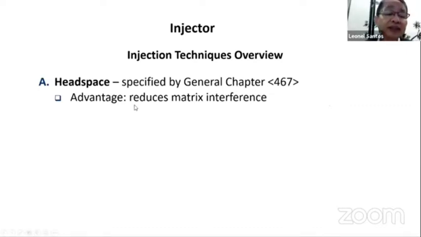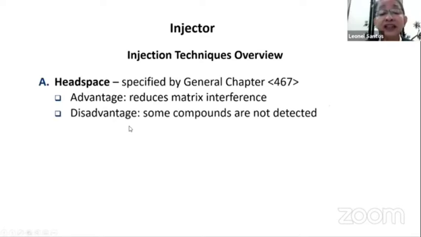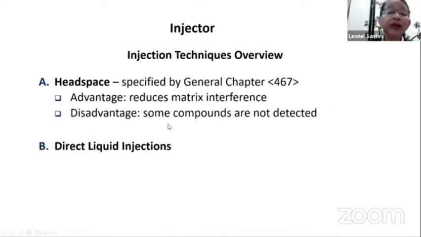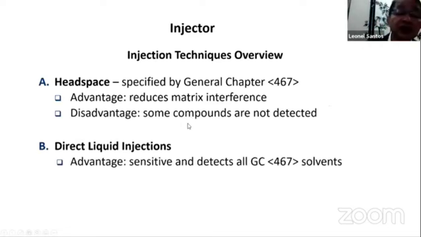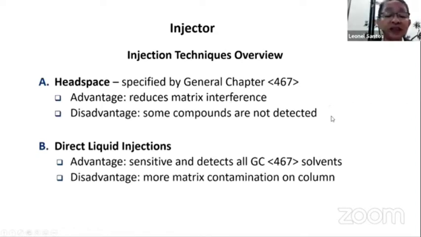It has the advantage of reducing matrix interference, but the disadvantage is that some compounds are not detected using this methodology, headspace. You can do a direct injection in your GC because it is sensitive and it detects all the GC and 467 solvents, but the disadvantage is it is subject to more matrix contamination in the column.